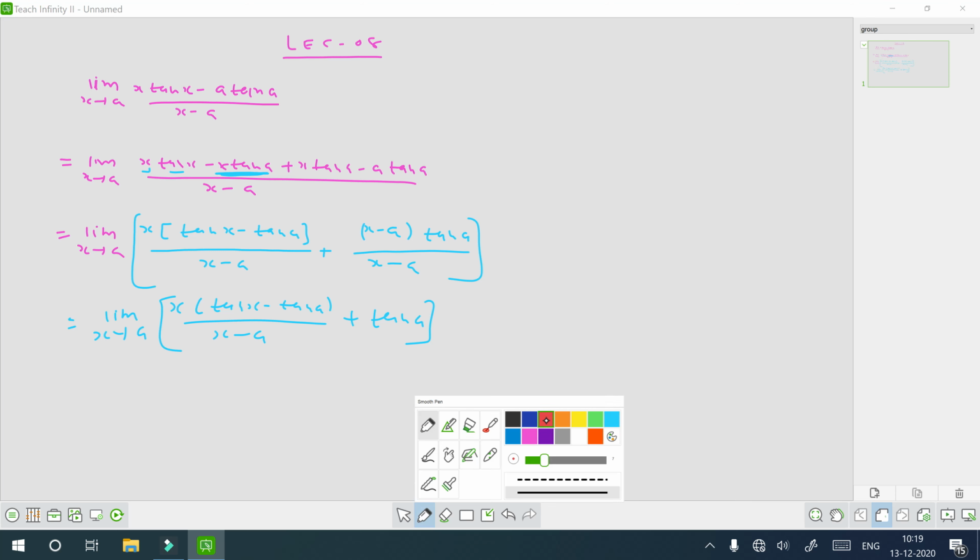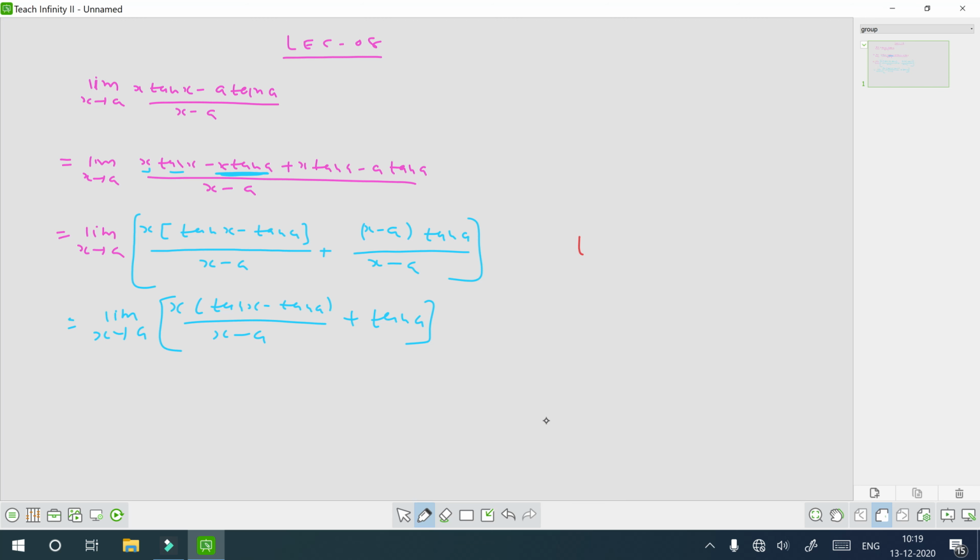Now see, in case of functions other than sine and cos, whatever may be given to us here, tan, cot, sec or cosec, in place of tan x or tan a. Either cot is given, sec is given or cosec is given. Even sine and cos may be given. But in case of sine and cos, there is no need to convert.